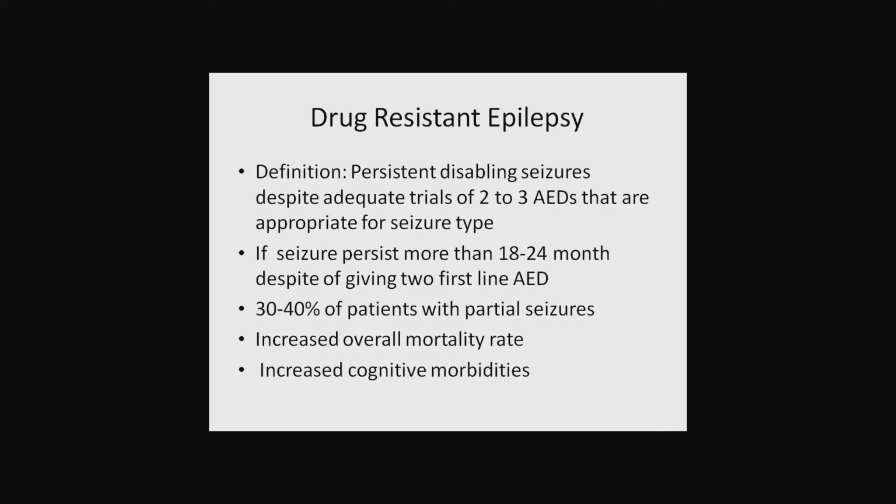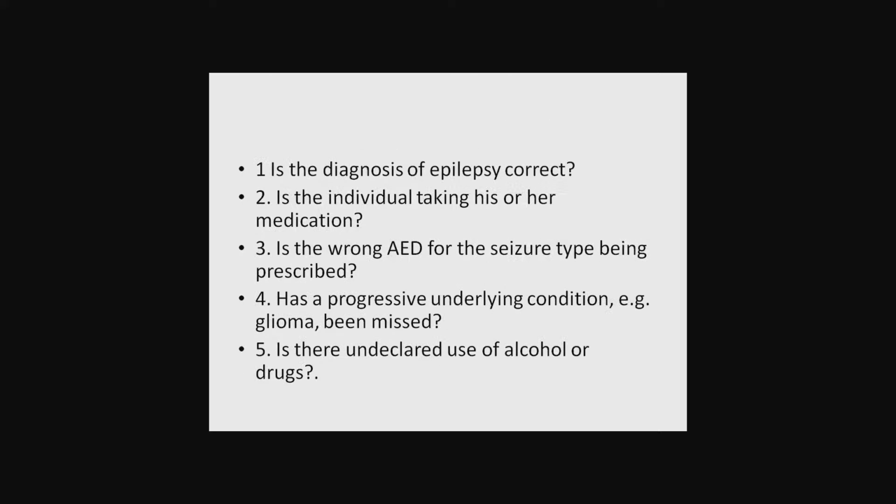If the seizures are not controlled with 2 or 3 anti-epileptic drugs, we call it drug resistant epilepsy. And if it's drug resistant epilepsy, then we go back and see whether the patient truly has epilepsy, or whether the patient has a seizure mimic. If it is a seizure mimic, then you may give a lot of drugs, but it won't be controlled with anti-epileptics.